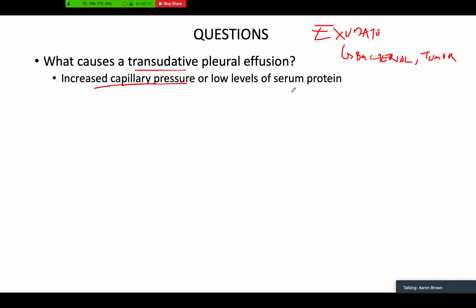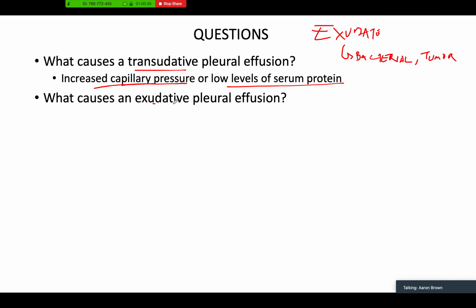So increased capillary pressure, low levels of serum protein. You can think about your patients with cirrhosis of their liver. With patients with liver failure, they can't synthesize proteins. They end up getting a pleural effusion due to liver failure, essentially. Okay, great.